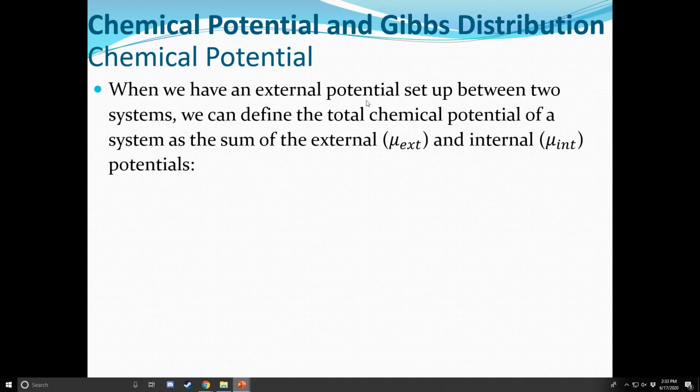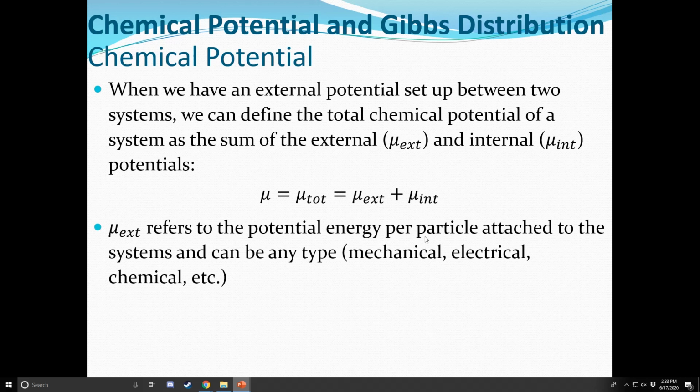All right, so the total chemical potential is going to end up being the sum of the internal chemical potential and the external chemical potential. So this is what we're defining as the total chemical potential of a system. Now, we already know what the internal chemical potential is.